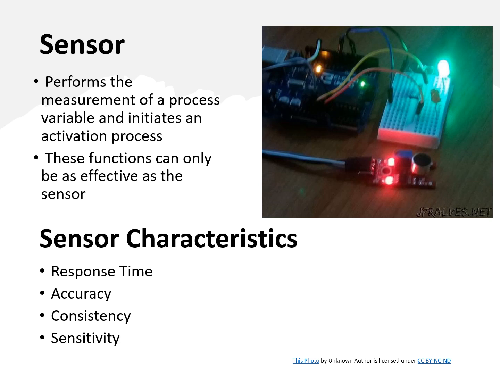Accuracy. This property refers to the degree to which the result of the measurement made by the sensor conforms with the actual value of the control variable. Oftentimes, there is a tolerance value, which is the acceptable deviation from the actual value. As long as the measured value is within the tolerance value, the sensor is considered accurate. Consistency.